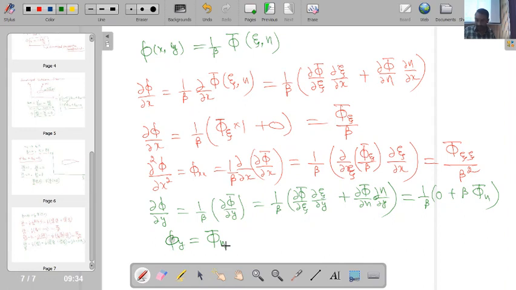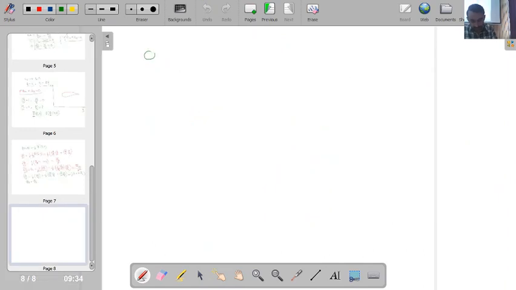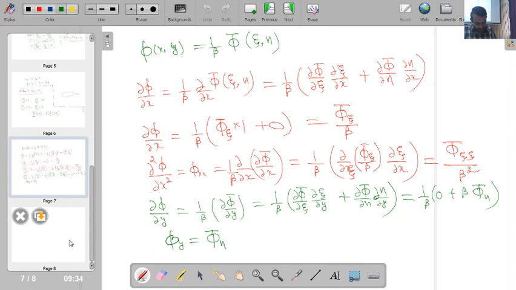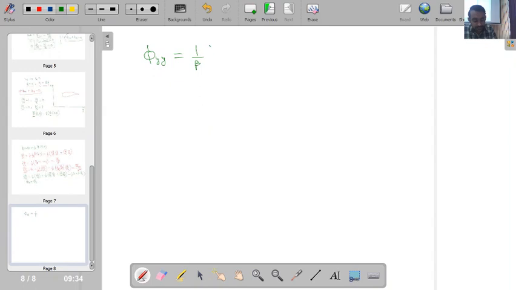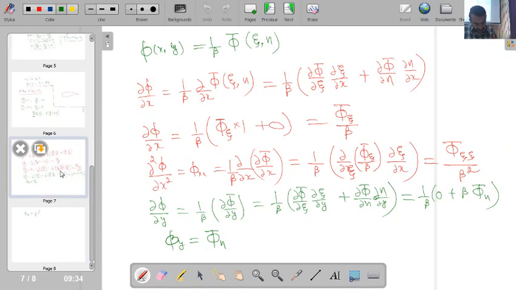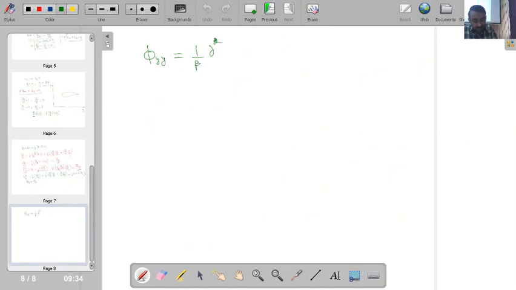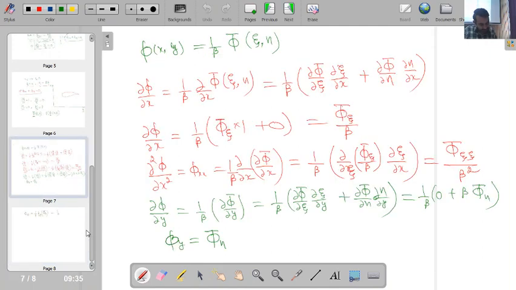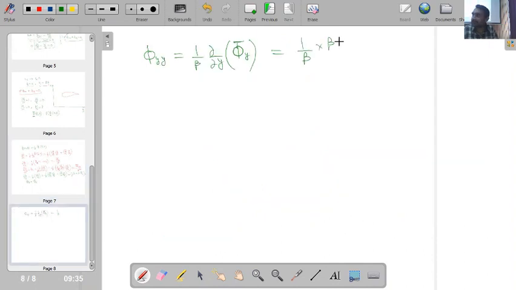Now I have to take the double derivative. When I take the double derivative, phi yy becomes 1 by beta into del by del y of phi bar y, and that ultimately becomes 1 by beta into beta times phi bar eta eta.